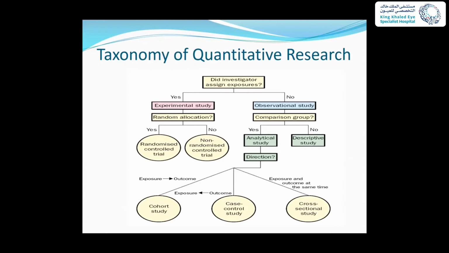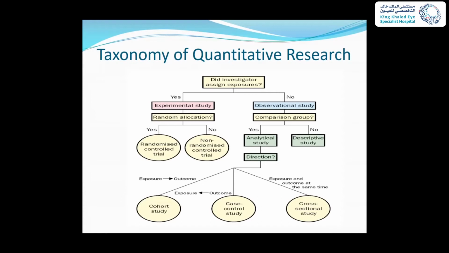If not, we call it a non-randomized controlled trial, or also a convenient trial, based on a convenient sample, that means not every participant included in the trial has an equal chance to be selected to the study or to the control group. So this is simply what the quantitative taxonomy of research design is.